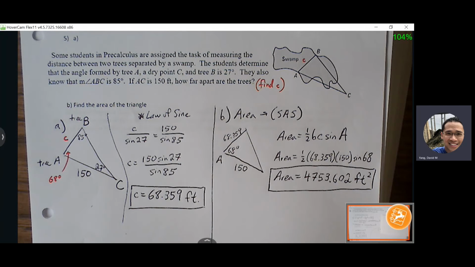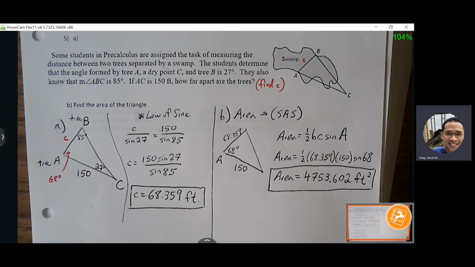Okay, any questions? Okay, if you feel pretty comfortable about this worksheet, that means I think you feel pretty good about the new material that we've done since the quiz.